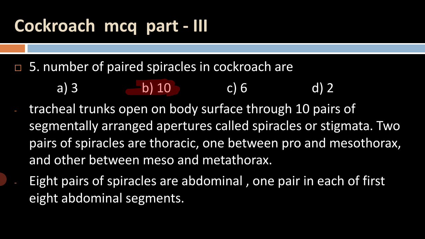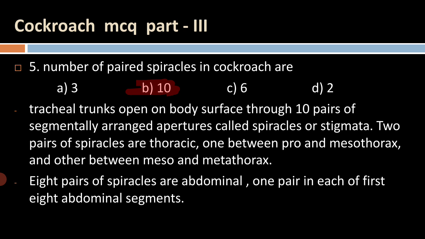The tracheal trunks, that is the tracheal pipes or windpipes, open on the body surface through 10 pairs of segmentally arranged apertures called spiracles or stigmata.